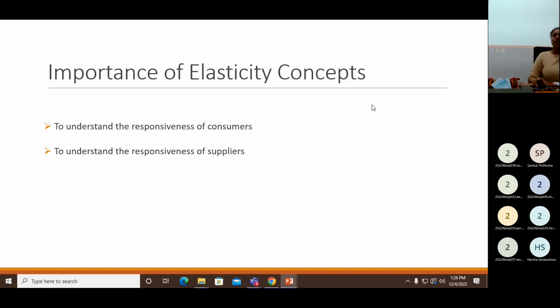So those are the things which suppliers respond to. Suppliers get affected if the cost of raw material increases. If there's no raw material available, they respond differently, right? So those are the factors which suppliers respond to when they're making their supply decisions, right? So can you take down those examples?